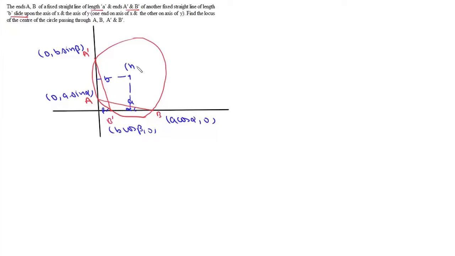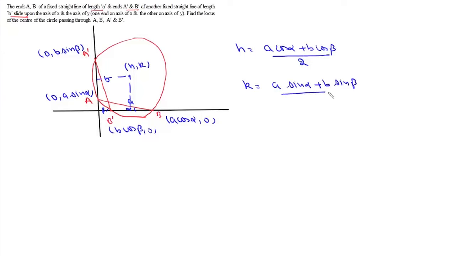Now we have to find locus of center of this circle. Now suppose this is h comma k. Now basically h is midpoint of BB dash and k is midpoint of AA dash. So we can write h as a cos alpha plus b cos beta by 2 and this k will be a sin alpha plus b sin beta by 2.